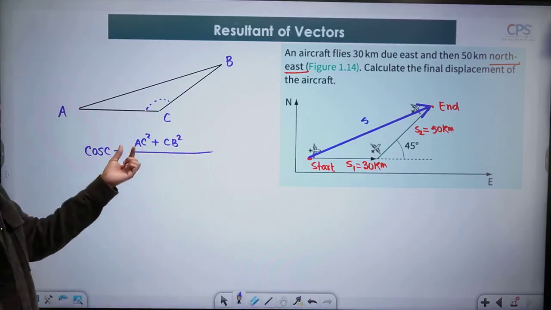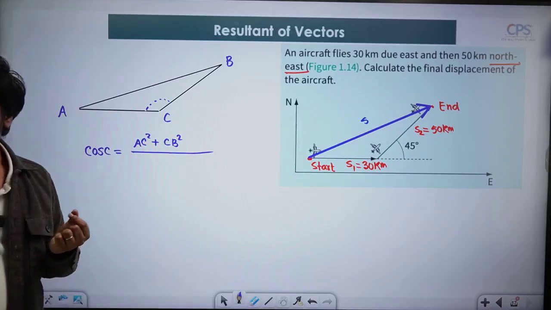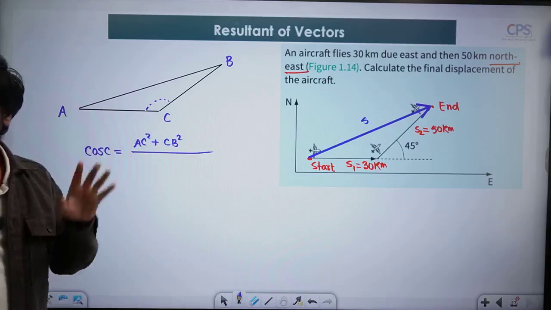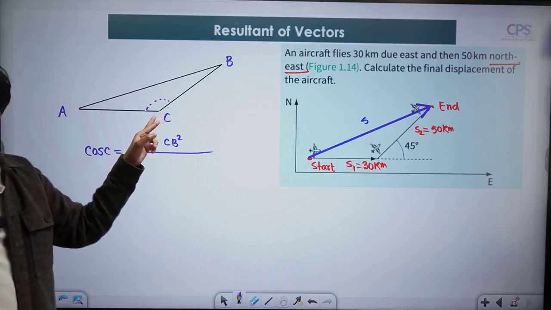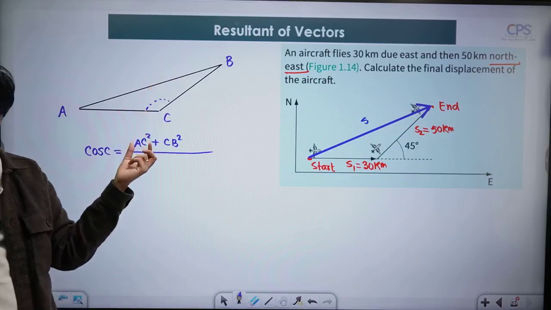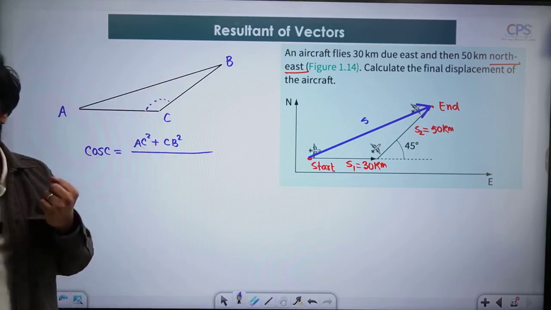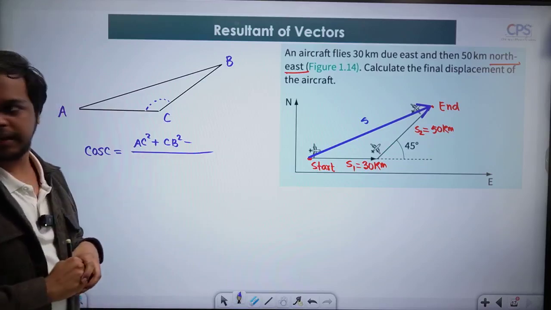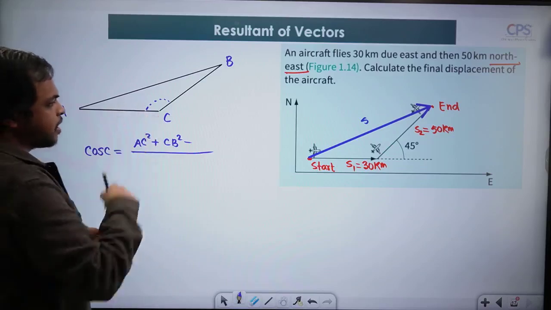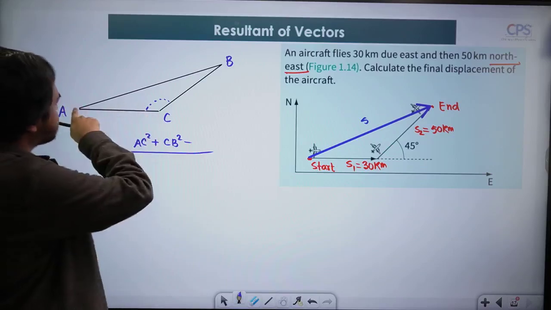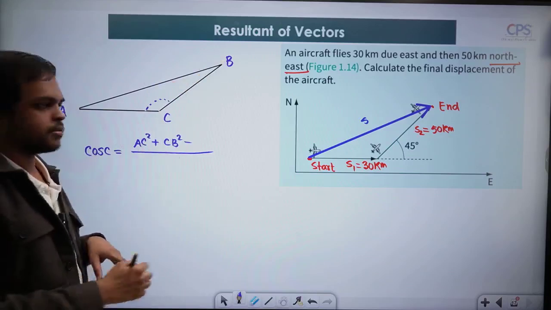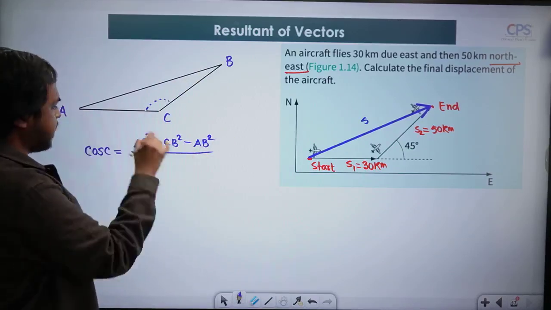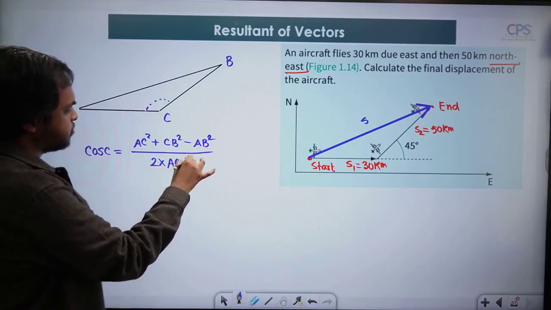So at first we take the two sides of the triangle adjacent to C and take the squares, minus the opposite side square. For this angle C, the opposite side of the triangle is AB, minus AB square, divided by 2 AC into BC.